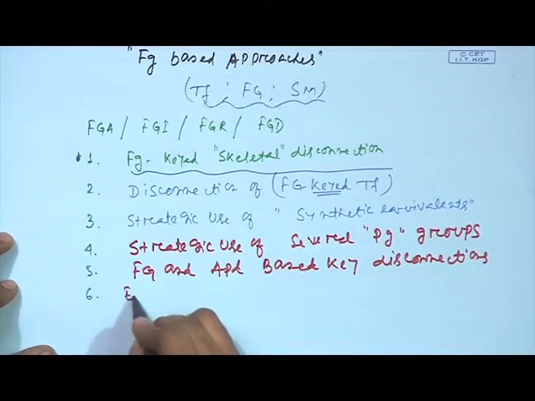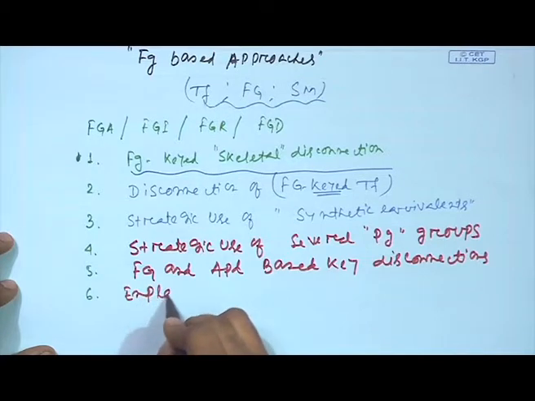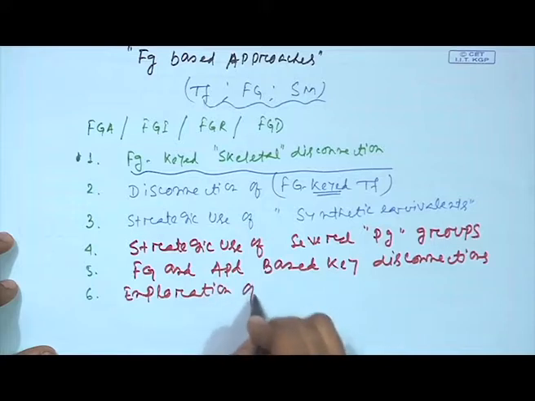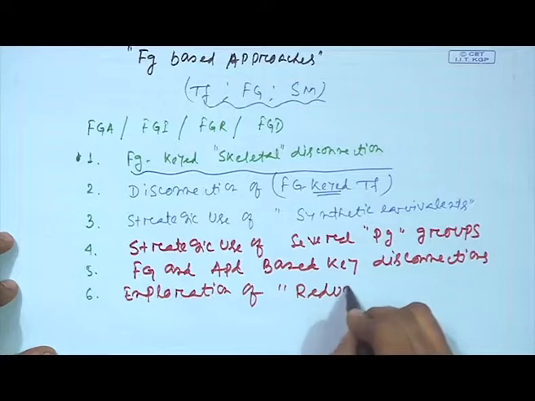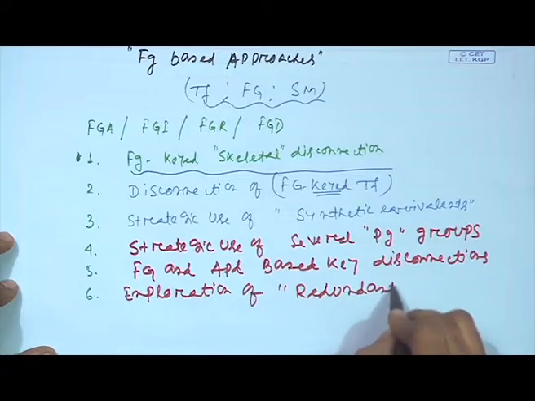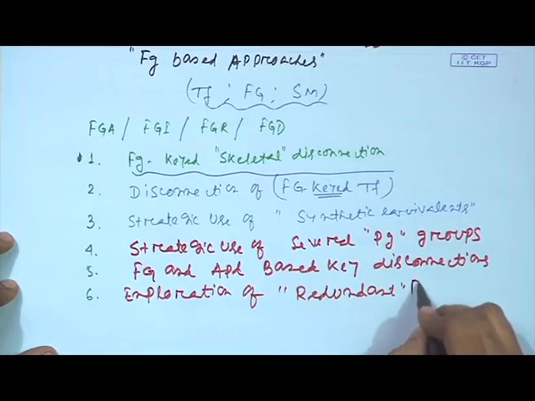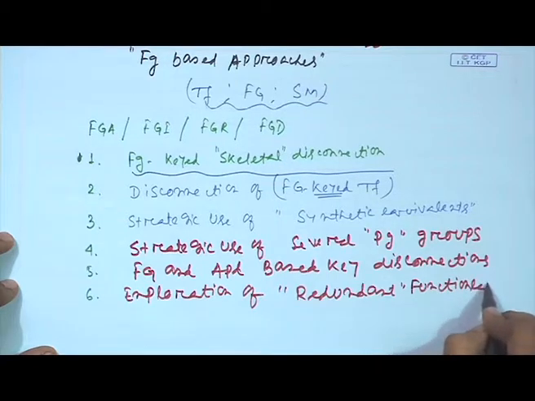And number 6, finally, is a relatively new topic which was probably not taught yet: exploration of redundant functionality. Redundant functionality means a functional group which is not required in the final structure, but you still need to talk about it.